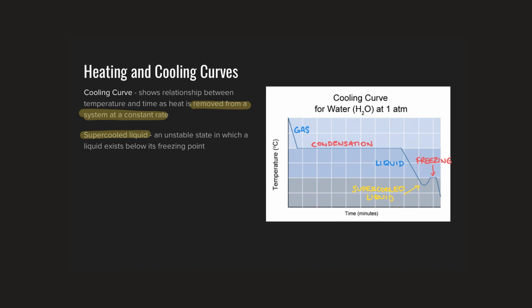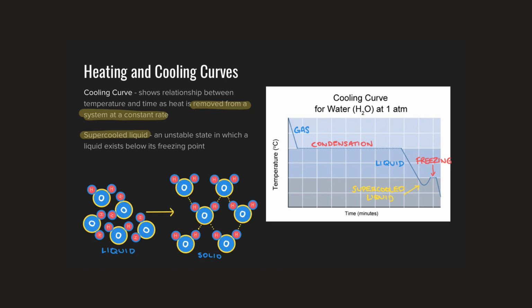A supercooled liquid is essentially an unstable state in which the liquid exists below its freezing point. In order to go from liquid phase into the solid phase, we've got to arrange those particles of water by putting the positively charged hydrogen side of water molecules close to the negatively charged oxygen side of the adjacent water molecules. That is, we have to form the crystalline lattice.